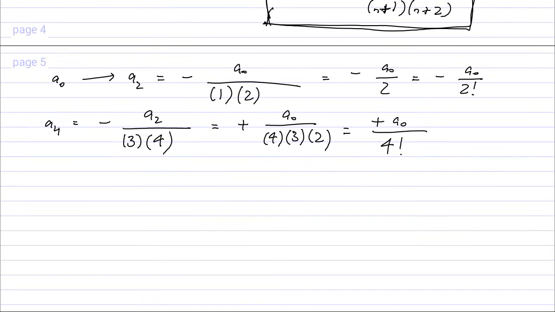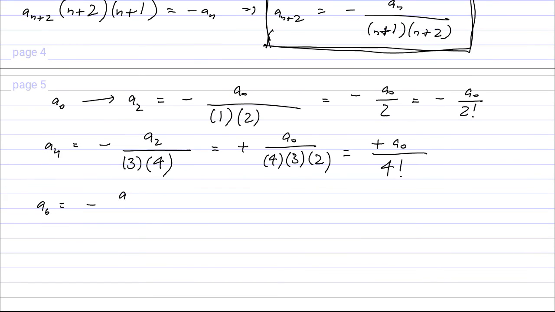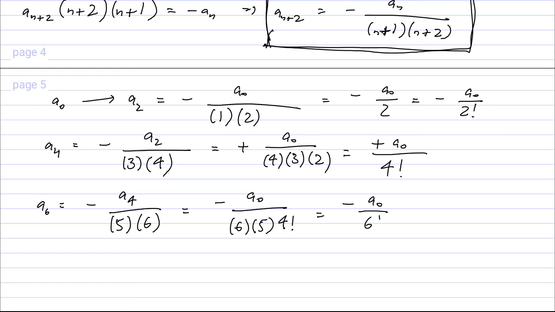a6 is given by, using the recursion relation, minus a4 divided by, n is equal to 4, remember, so you have 5 and then 6. So you have minus, and a4, remember, is plus a0 over 4 factorial. So you have minus a0 over 6, 5, 4 factorial, which is simply minus a0 over 6 factorial, right?